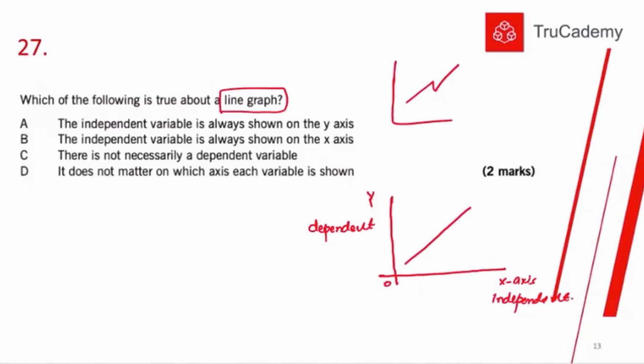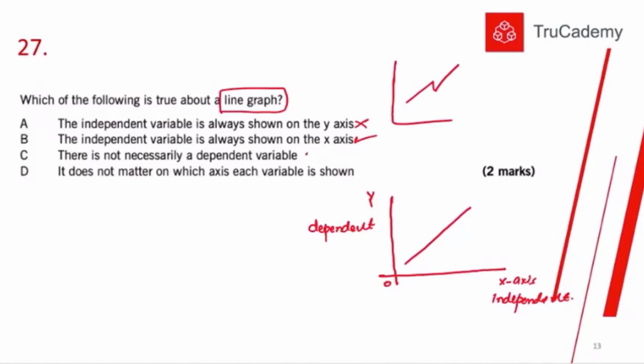So option A, the independent variable is always shown on the y-axis. No, that is the dependent variable. B, the independent variable is always shown on the x-axis. This is true. C, there is not necessarily a dependent variable. This is not true, because in a line graph, and equally for bar charts and column charts, one should be independent and the other one should be dependent.